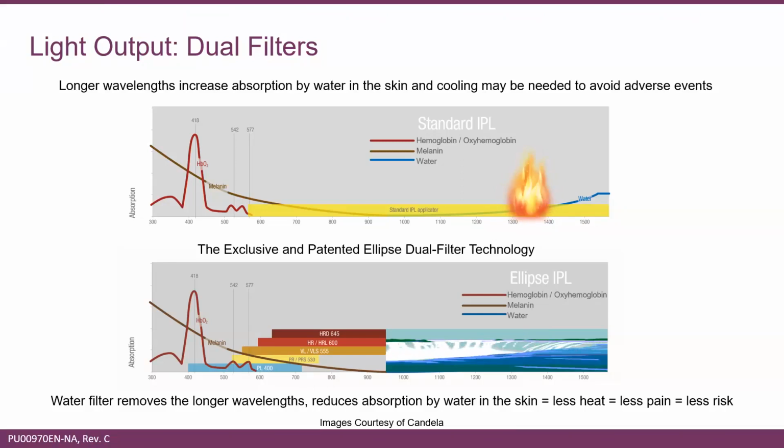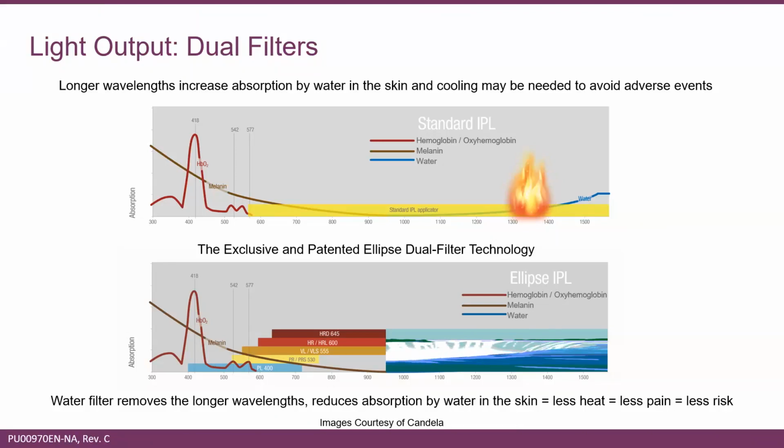But with the IPL handpieces, we have this dual filter technology. Here we have the starting cutoff filter, which could be, depending on what you're treating, anywhere from 645 nanometers up to 600. But we then have a second filter that cuts off the light from either 750 nanometers or 950 nanometers.